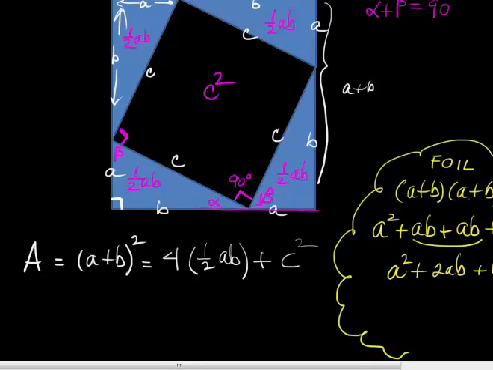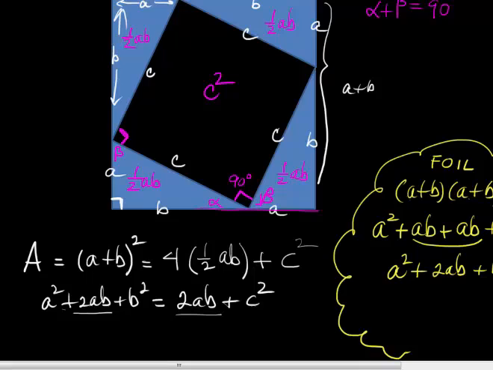Now you do need to know how to multiply that out. So let's go back and write, expanding the left-hand side, we have a squared plus 2ab plus b squared is equal to, and 4 times 1/2 is 2ab plus c squared. Now notice that on both sides we have plus 2ab.